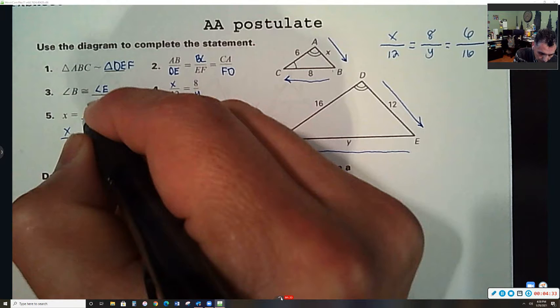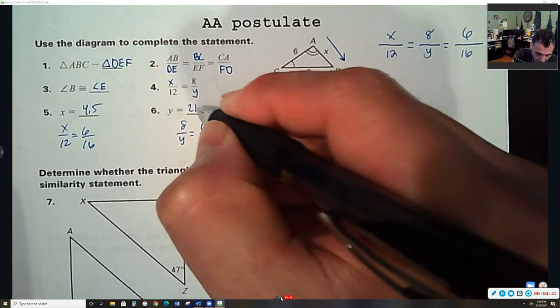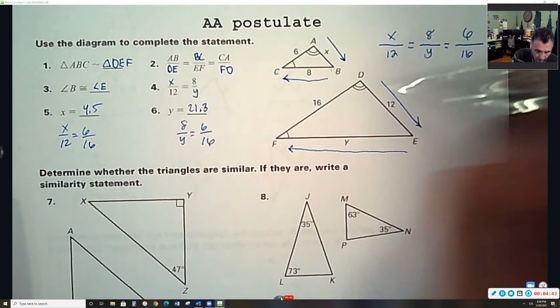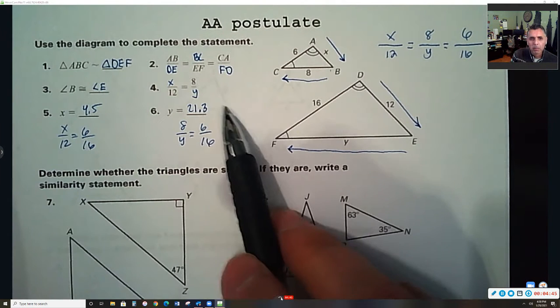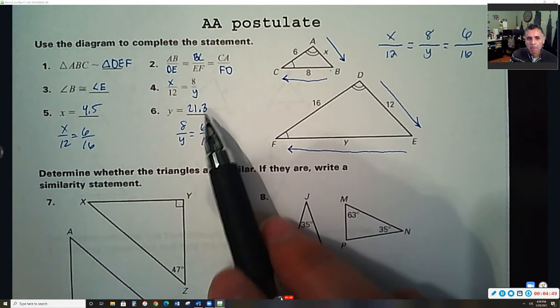So here you get 4.5 for x. 8 times 16. And then this is 21.3. If it's a big decimal that keeps going, just round to the tens place. Okay.